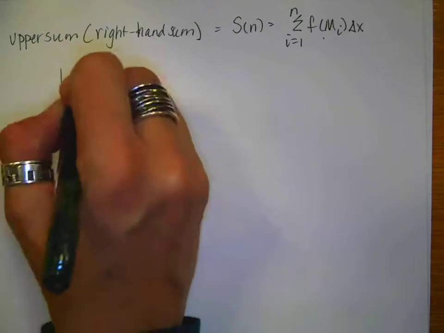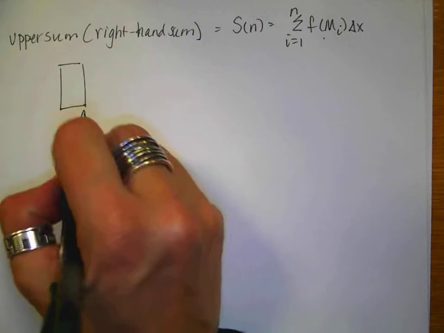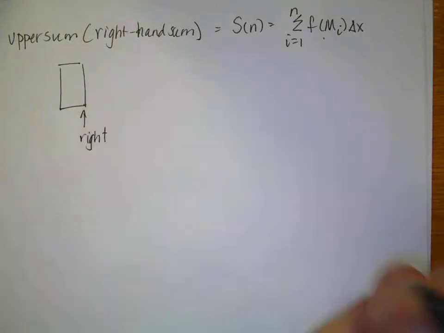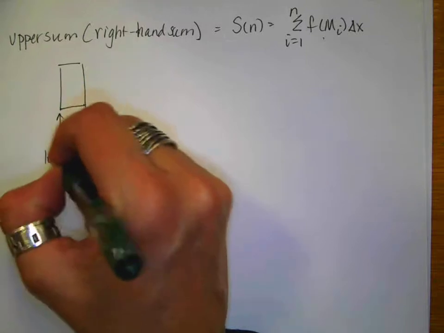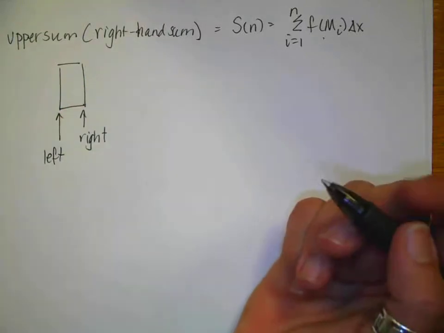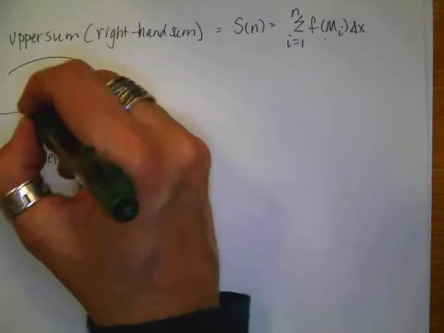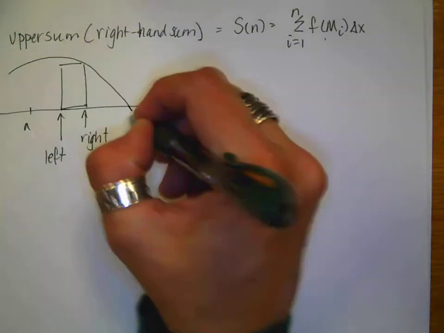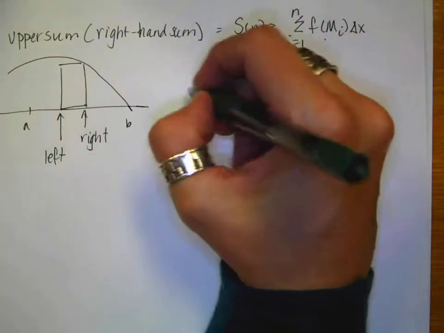All right, if I want to take a right hand, and this sometimes I think gets to be a little confusing, this is the right hand side of the rectangle, and this is the left hand side of the rectangle. And then let's say that this is under a curve, and I'm summing from a to b, right?